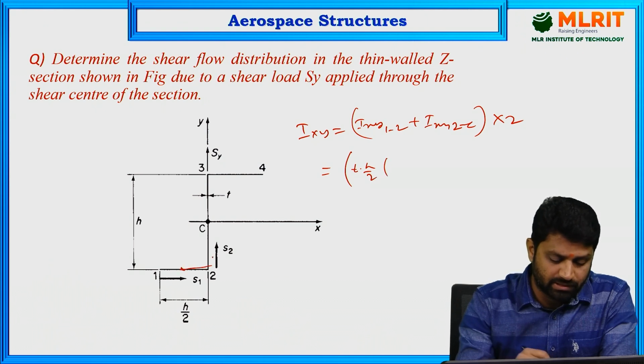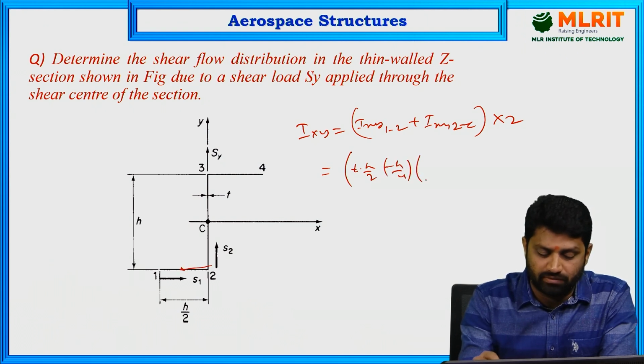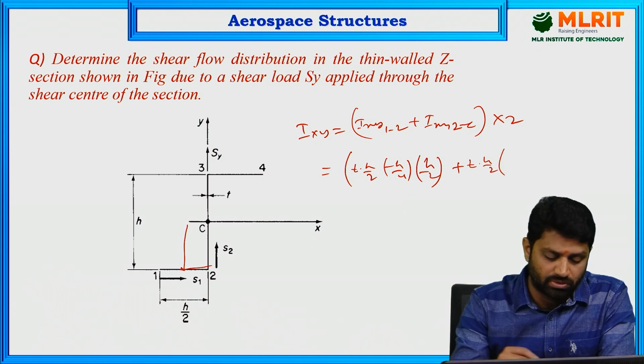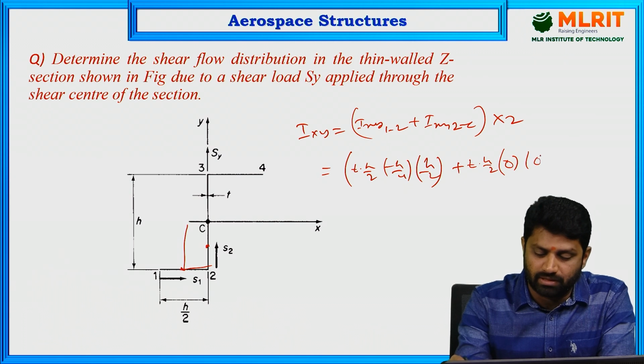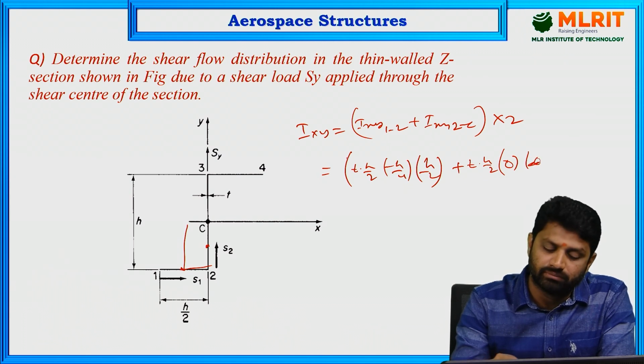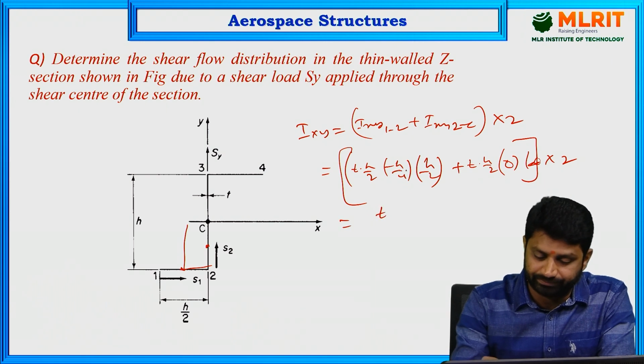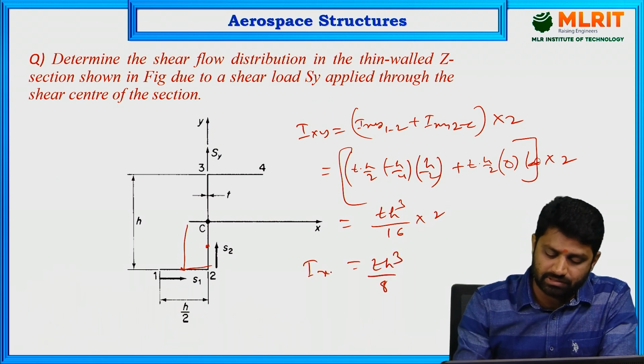X bar is nothing but again this one minus h by 4, and y bar is nothing but from here to here, that is h by 2. Plus for the second one, the area is again t into h by 2 into its x bar, which is 0, and its y bar is not required, it should be multiplied by 2. So here you are going to get t into h cube by 16 multiplied by 2, and thus you are going to get th cube by 8. So that is IXY. Okay.